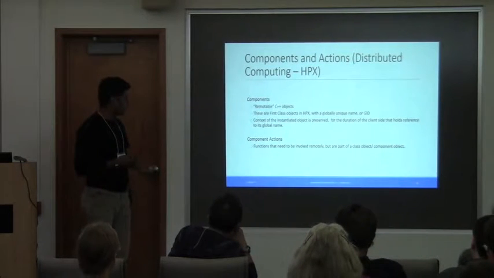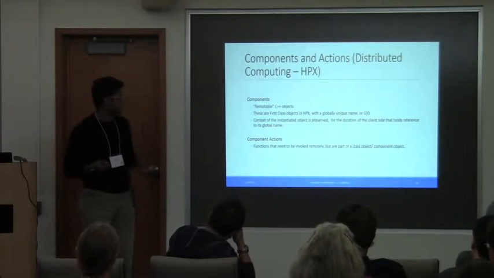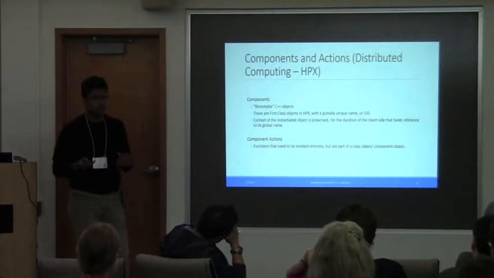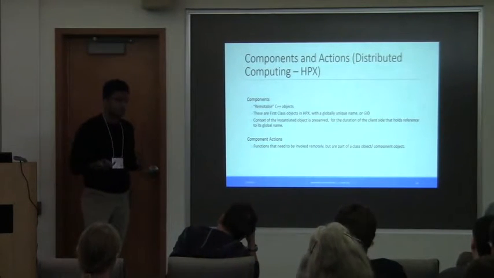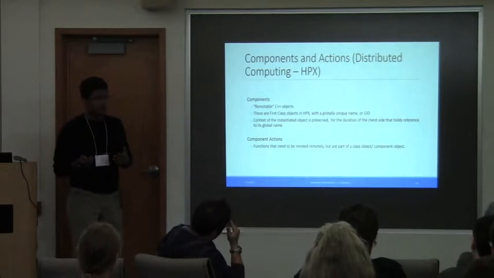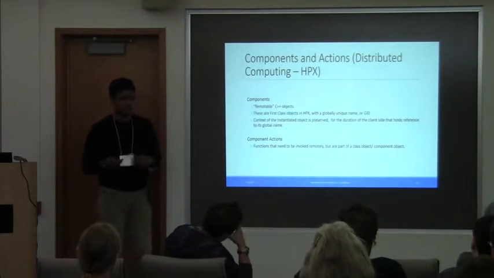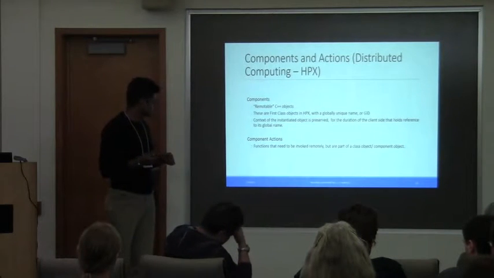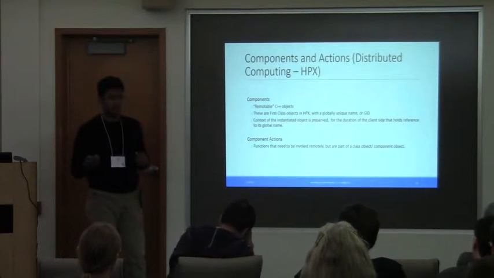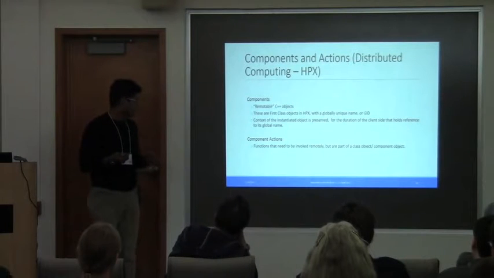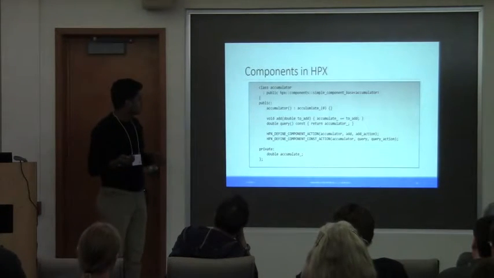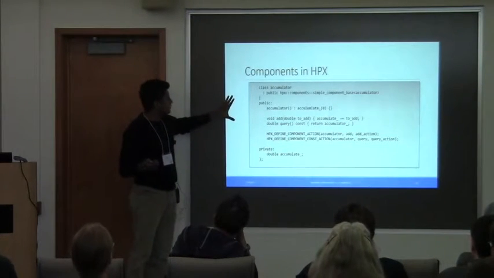We also have a component part. So whatever action types that we defined earlier are plain action types, which are basically for global functions. Component actions are the ones for member functions of a class. So what does a component look like in HPX?